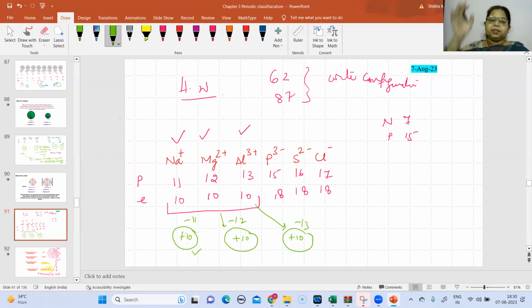From this example, can you conclude where the attractive forces will be maximum between aluminum 3 plus, magnesium 2 plus, and sodium plus 1?